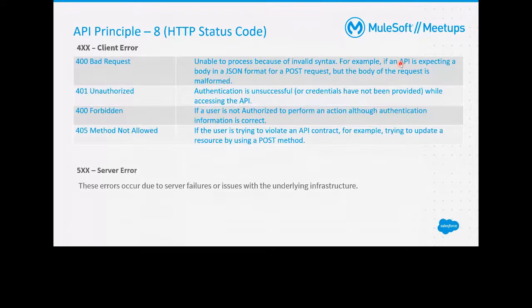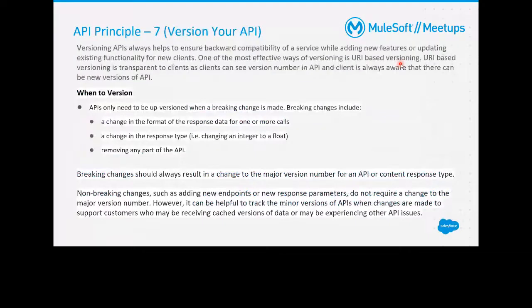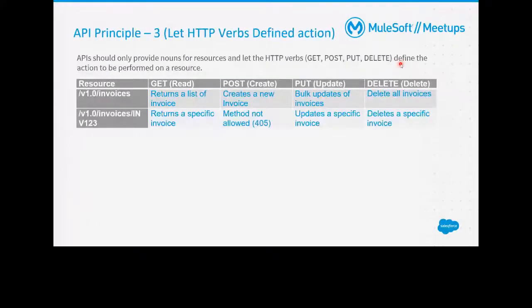The next one is 405 not allowed. Let me go back to one of the previous slides. You might have seen this one, right? When you are trying to do a POST on something like this, you get a method not allowed, or 405.